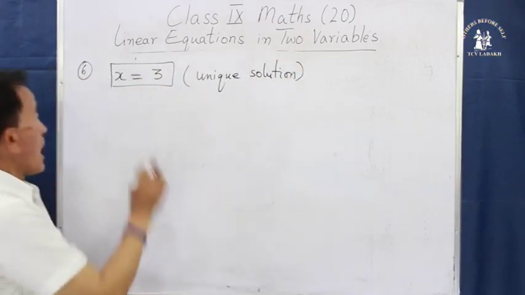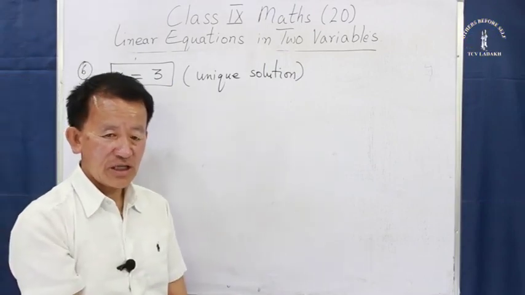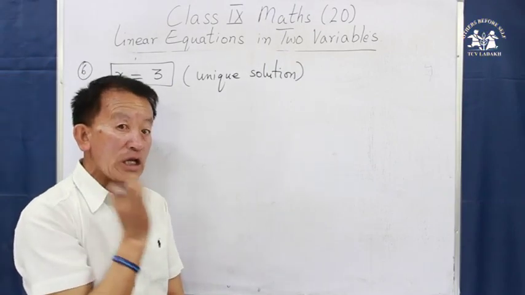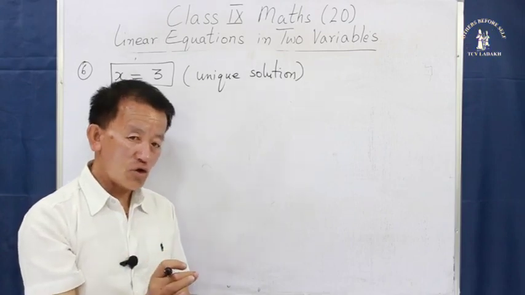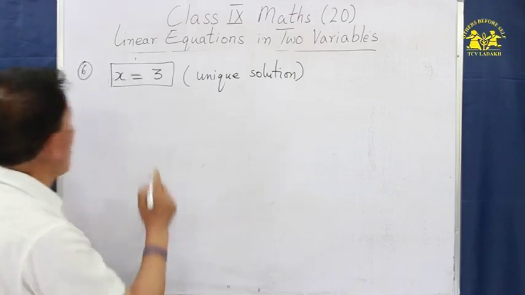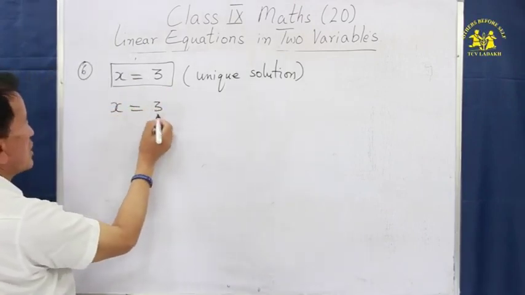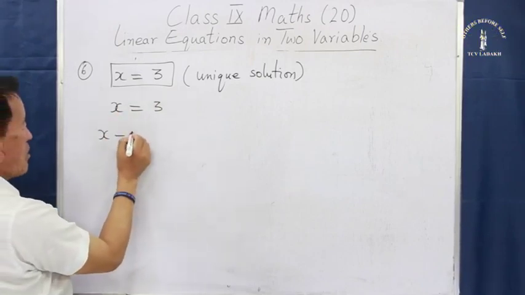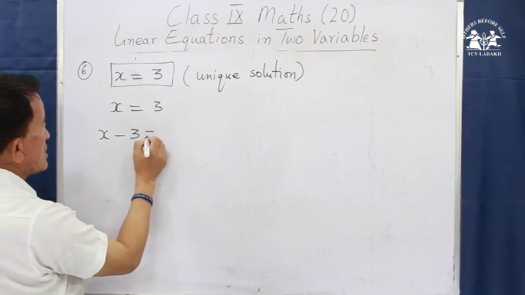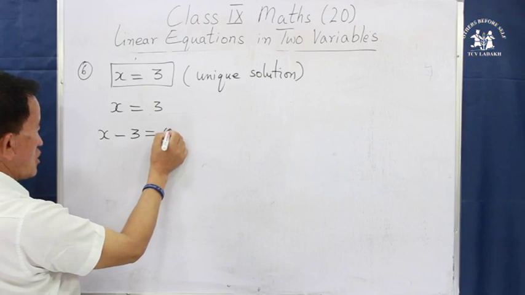Now we can express this linear equation in 1 variable in the form of a linear equation in 2 variables. How? x is equal to 3, carry 3 to the left hand side, you'll have x minus 3 is equal to 0.